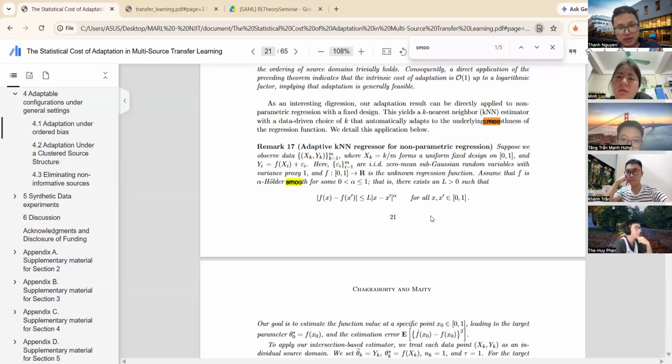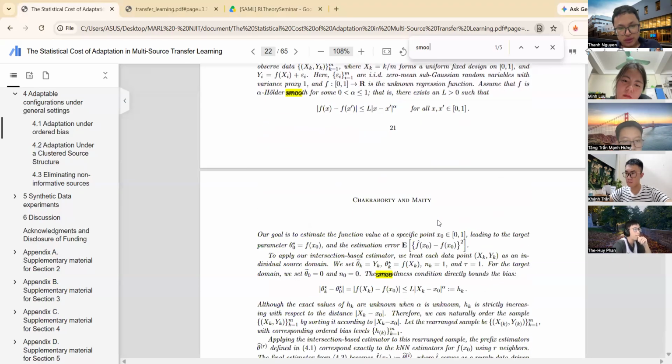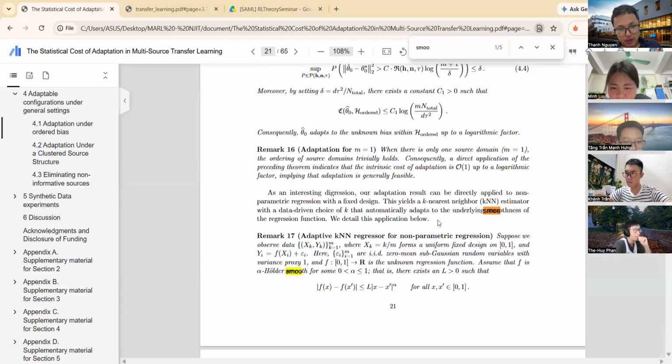If you see the equation right above page 21, they say neighbors are similar. |f(x) - f(x')| is at most L times |x - x'| to the power alpha. So if x and x' are close, then their values are close, up to the constant L and the exponent alpha.